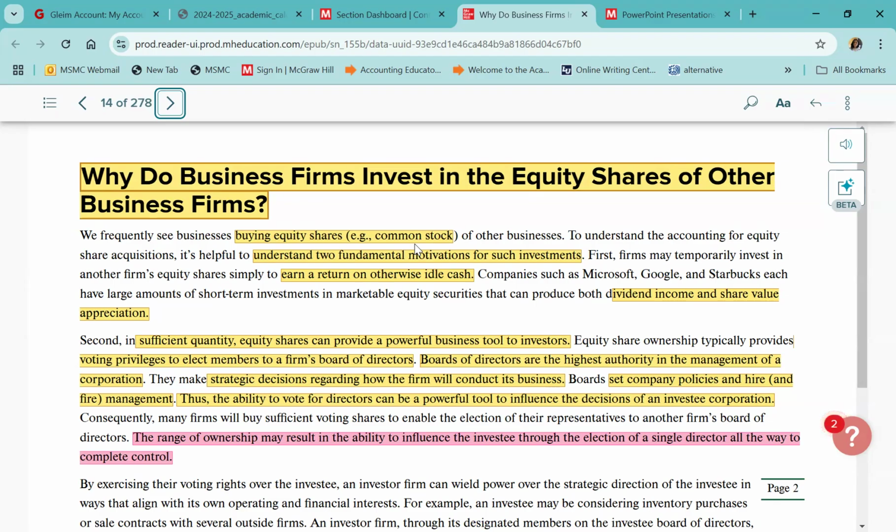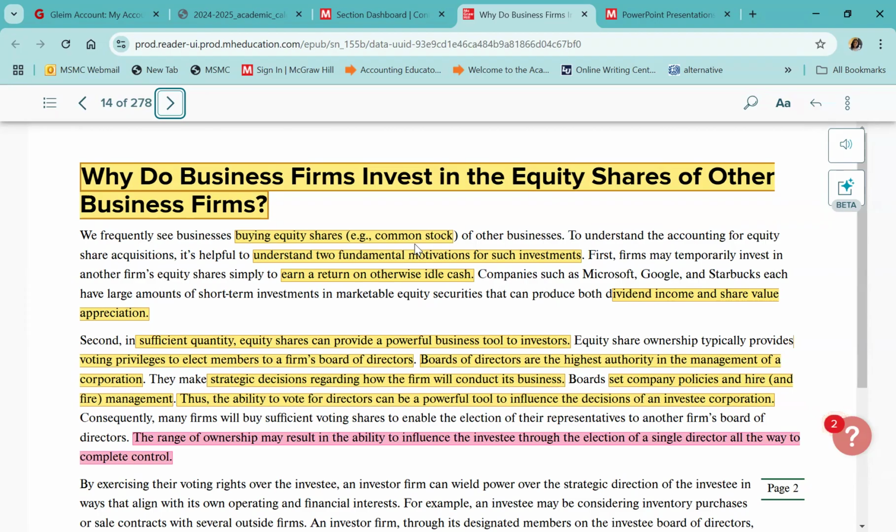Company B is the investee. Now, company A starts buying stocks and more stocks and more stocks. Yes? And the more the investor is buying in the investee, the more control or influence the investor has over the investee. All right? So why would a company purchase stocks in another company?